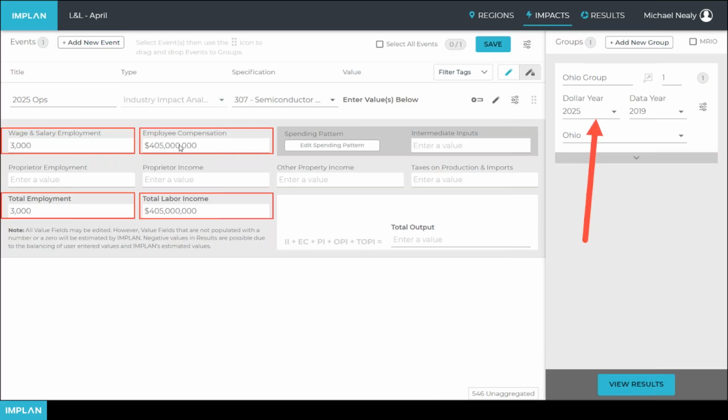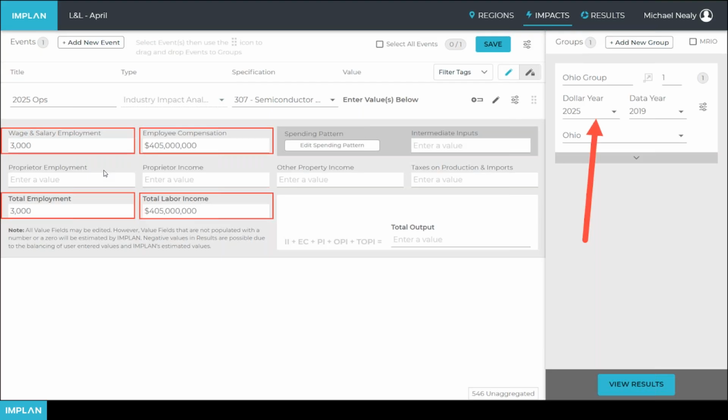Remember, these workers make roughly $135,000 of employee compensation on average, which when multiplied by our employment value of 3,000 would give us a total employee compensation value of $405 million. Again, this is all the labor income earned by those wage and salary workers, so this is also equal to our total labor income.